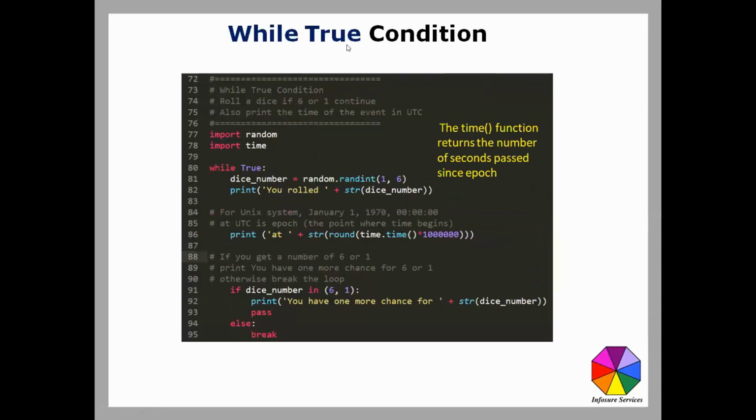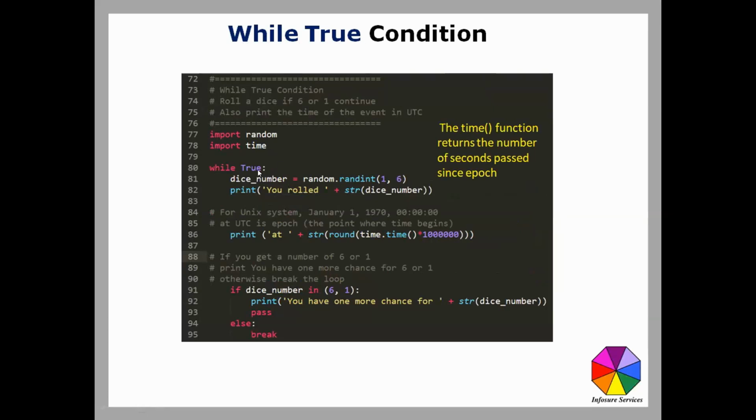While true, this is another condition statement, but here what we are doing is writing the program to create an infinite loop. Though it's a condition here, whenever you use the words while true, this is a syntax.